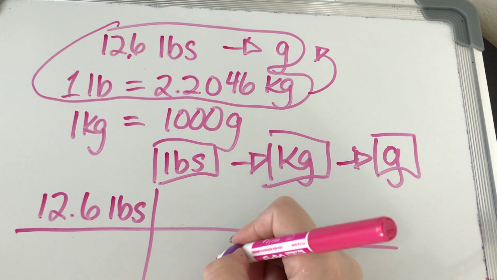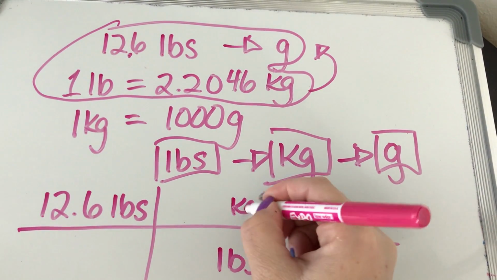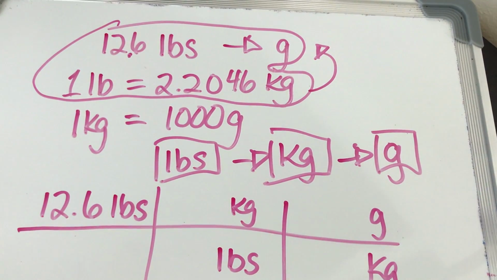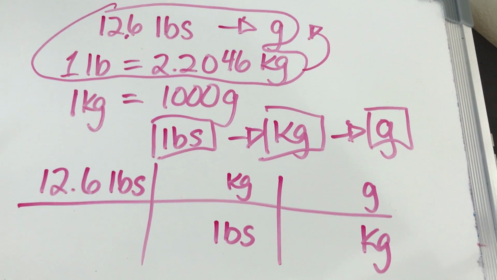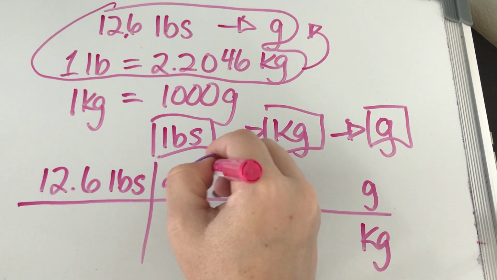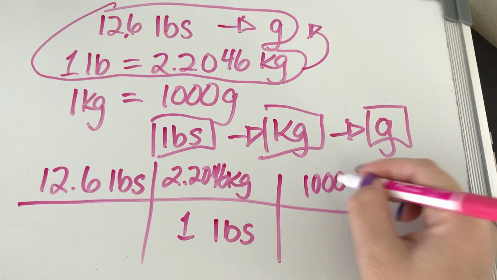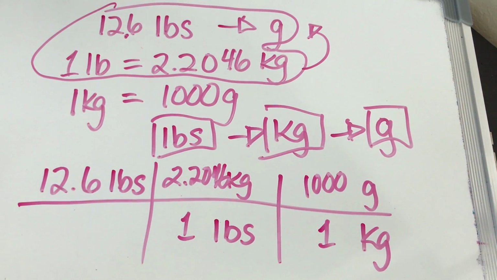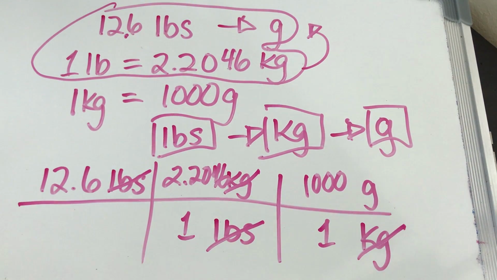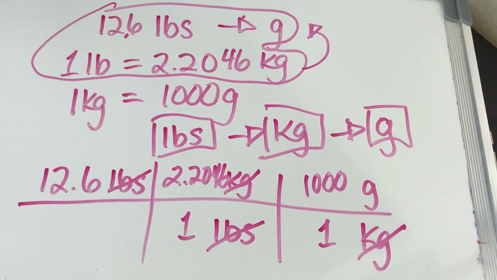So make sure you've got your lbs written in, your kilograms written in, kilograms to grams. Then I can fill in my conversion factors. I've got one of these for every 2.046. I don't remember exactly what it was. And then 1,000 of these for every one of those. lbs cancels with lbs, kilograms with kilograms, and then I just have to multiply through.